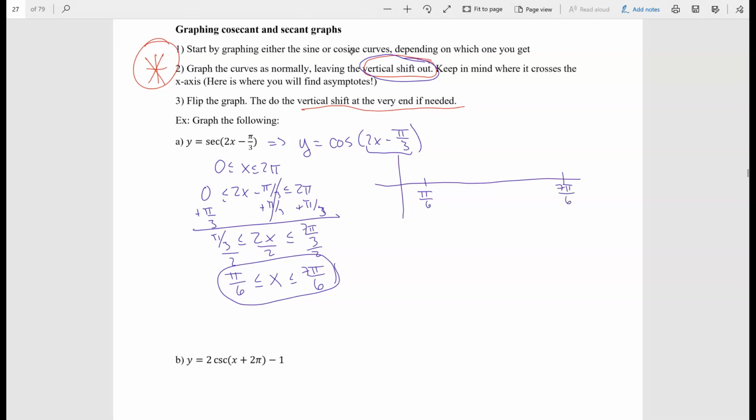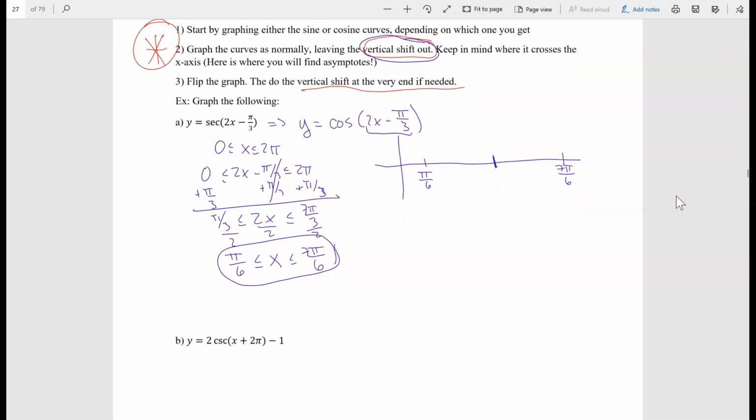And here what we're going to do is look for the midpoints. We're going to start off with the first midpoint. The way we're going to do it is take 7 pi over 6, add pi over 6, and then divide by 2.